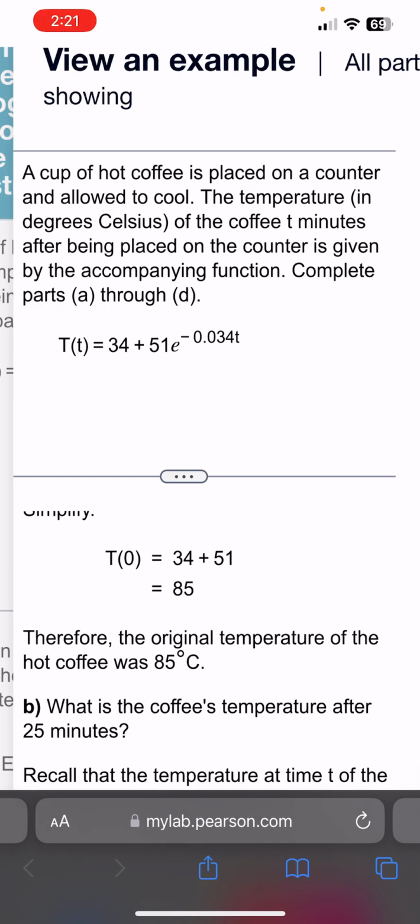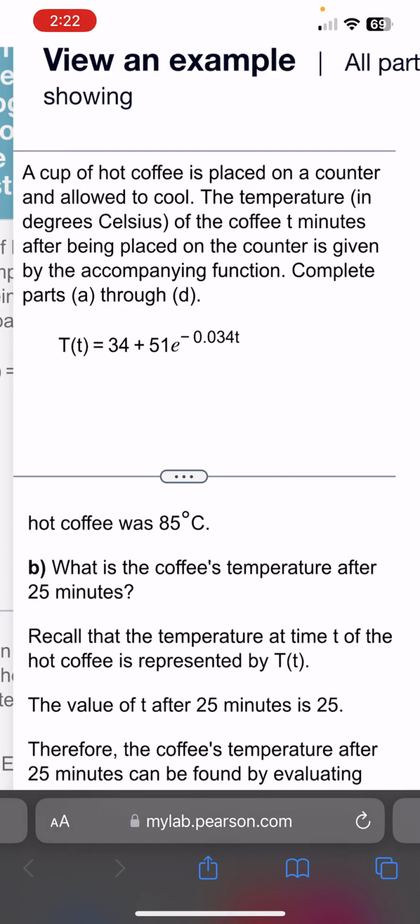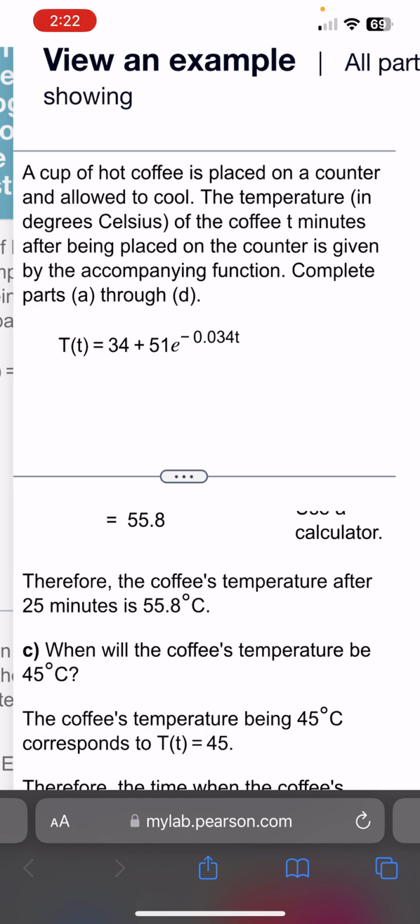For B, after 25 minutes, let lowercase t be 25, so that's evaluating the function. For C, when will the coffee's temperature be 45 degrees Celsius? So we're setting y equal to 45 and then solving.